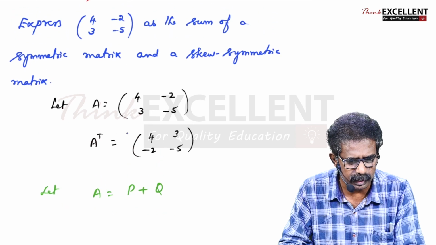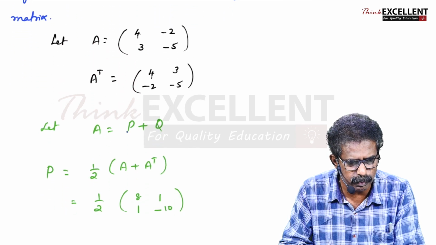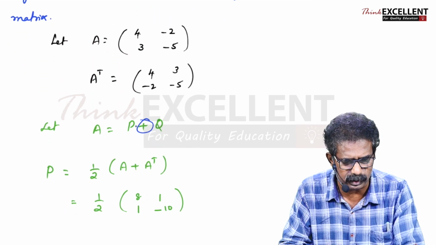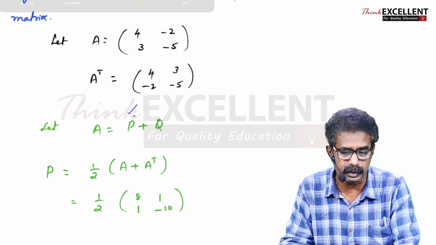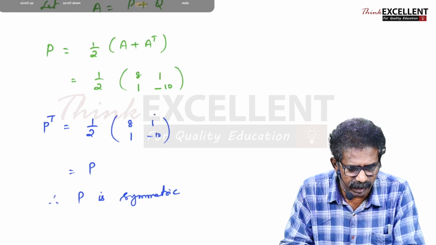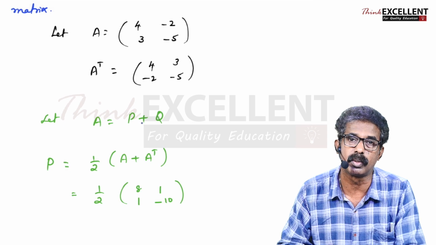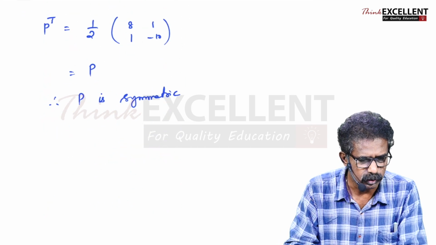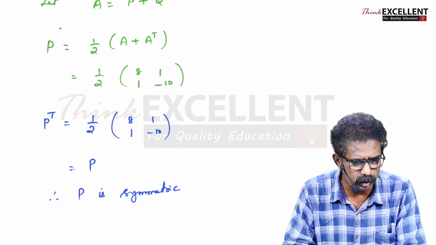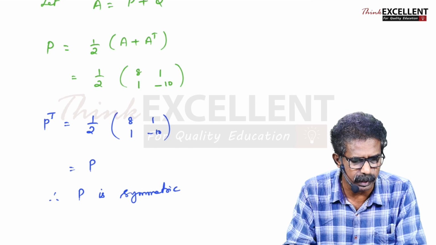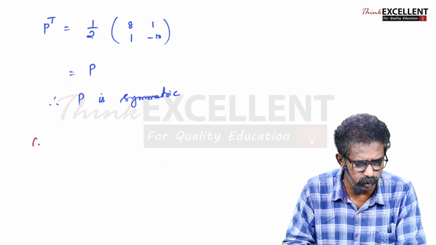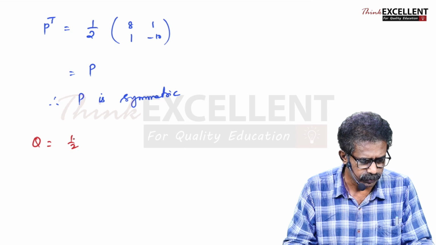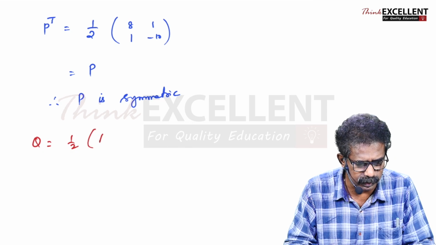So A we are writing as the sum of two matrices. One is P, and we proved that P is symmetric. Now you find Q and prove Q is skew symmetric. For P you know the formula, half into A plus A transpose. Same way Q equals half into A minus A transpose.